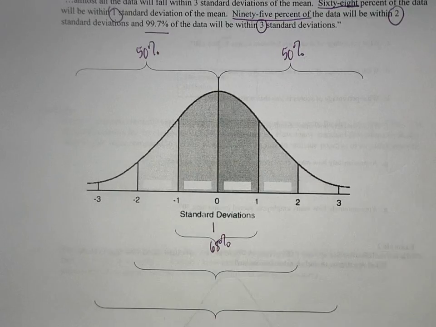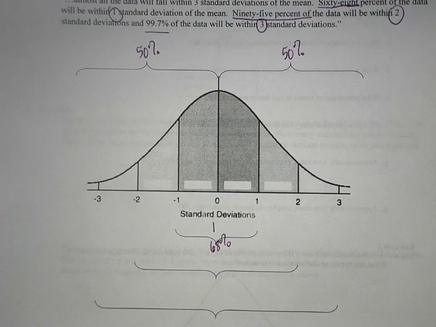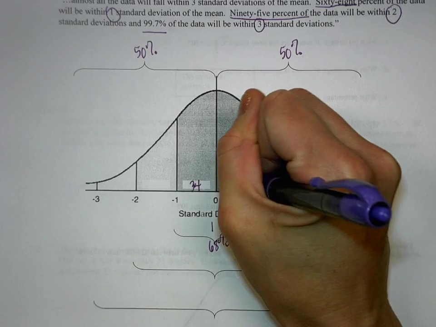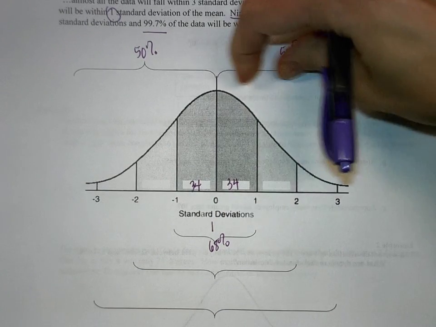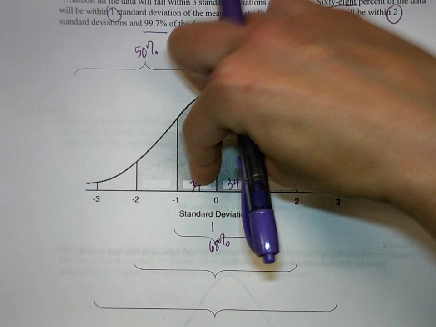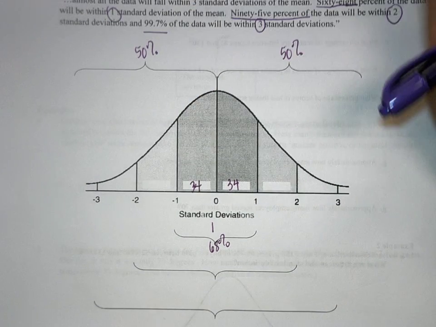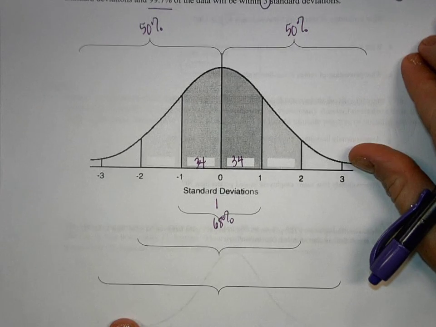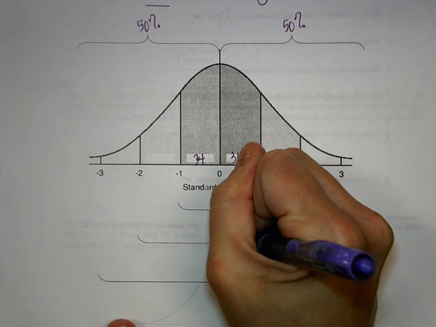So each one of these is how much? 34. Okay, so this whole thing is 68. We split it in half, so each side here is 34%. Is that good?